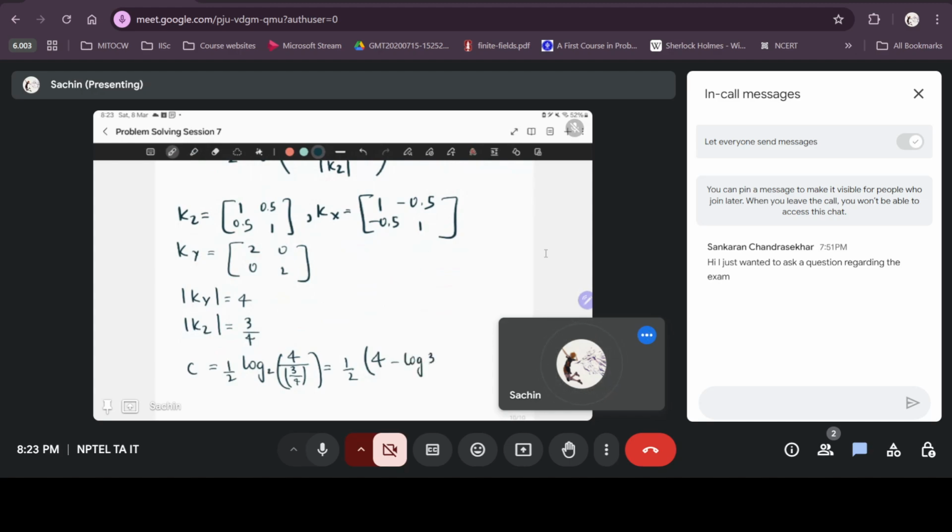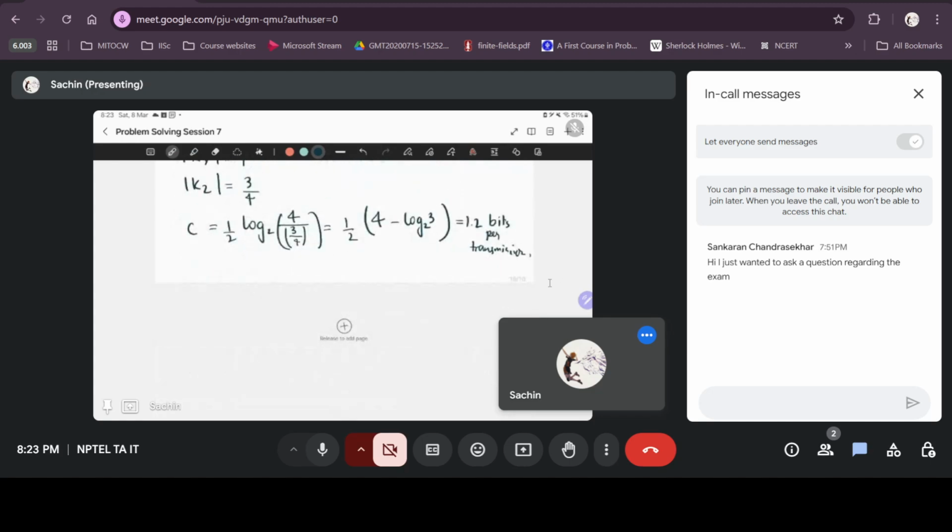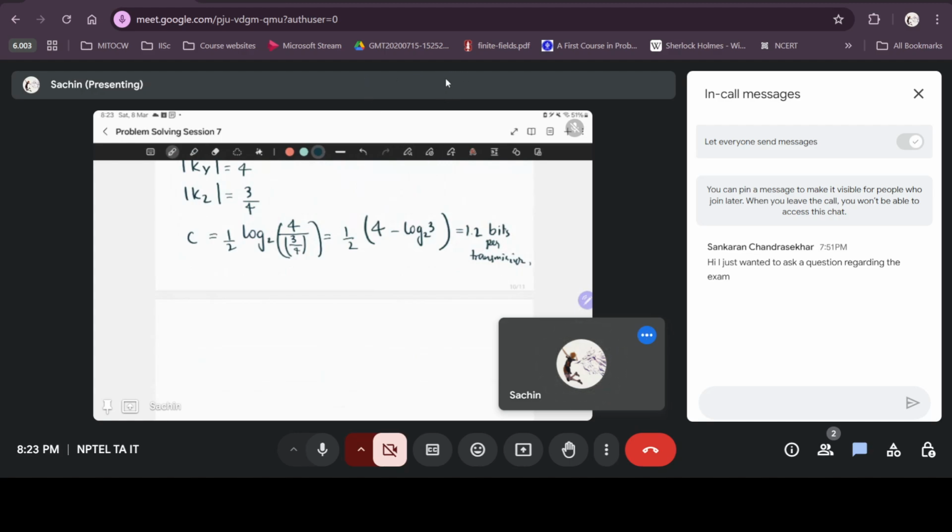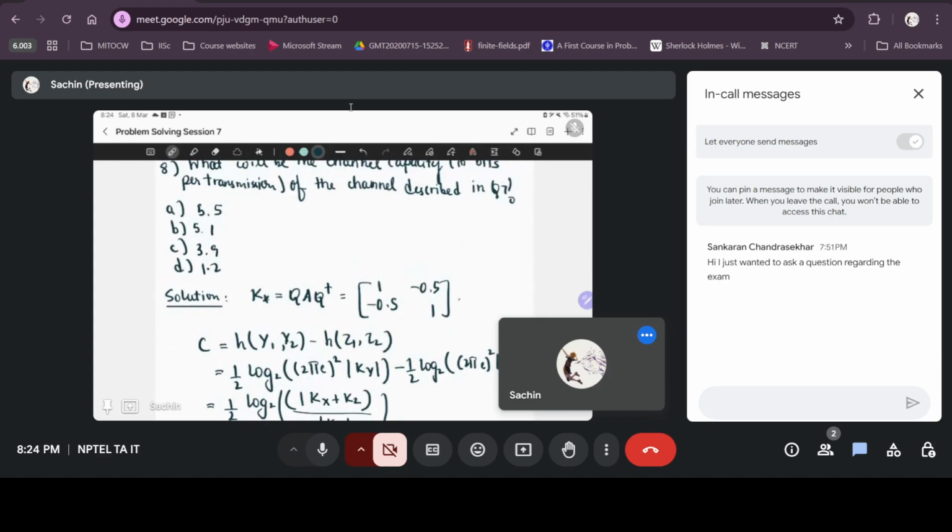So 4 minus log 3 to the base 2, which is 1.2 bits per transmission. That's option D.